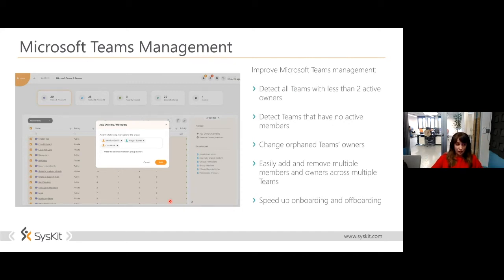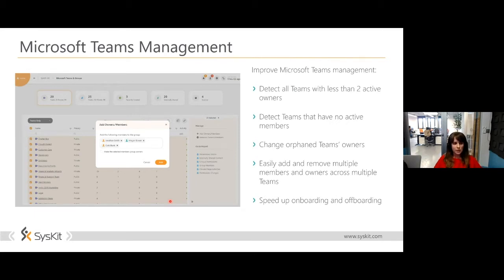And that's not all. Since we added the bulk management, we also enabled you to find old orphan teams. If you have teams whose owners are disabled or deleted in Active Directory, you'll be able to list them with our tool SysKit Point and then easily exchange all those owners.